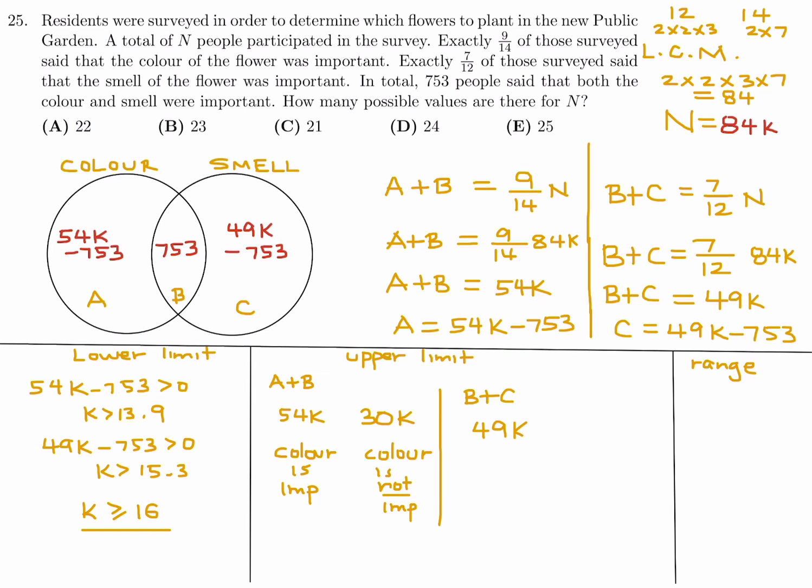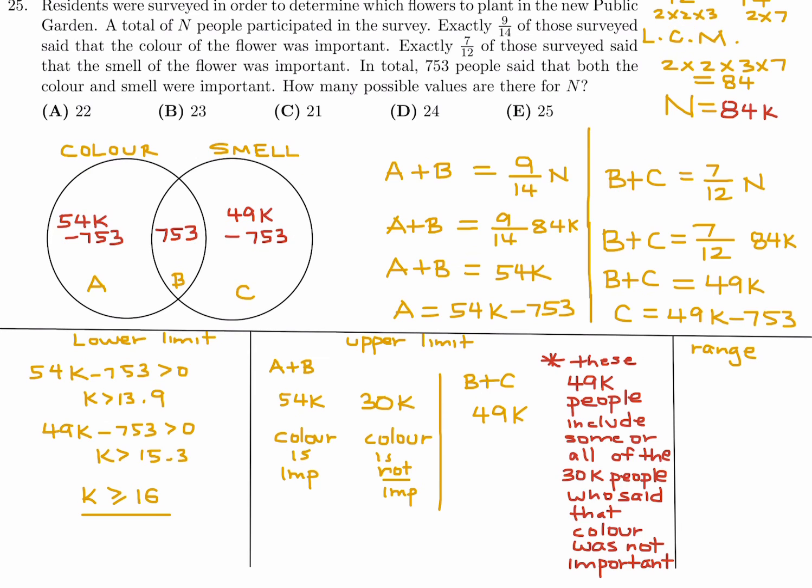Now, these 49k people include some or all of the 30k people. So let me write that out because that's an important point. These 49k people include some or all of the 30k people who said that color was not important.